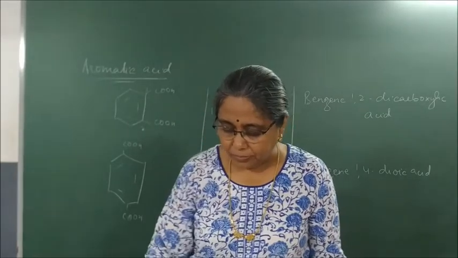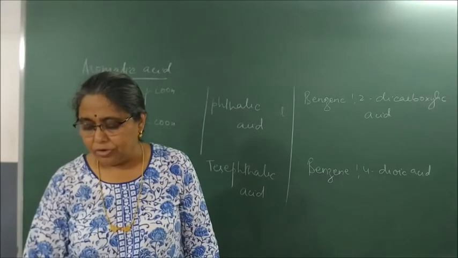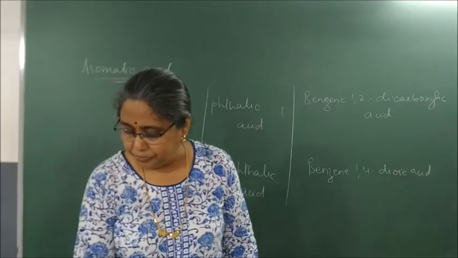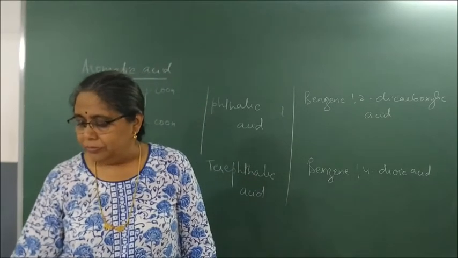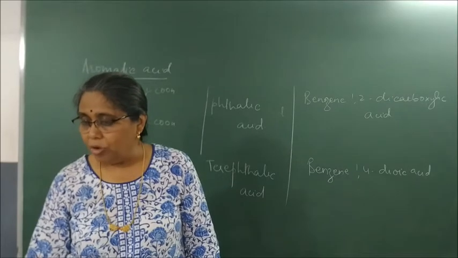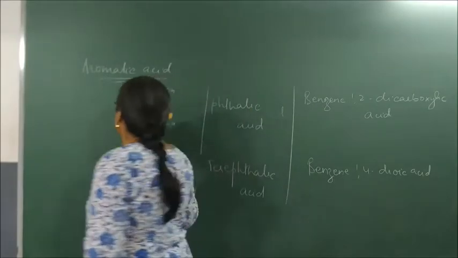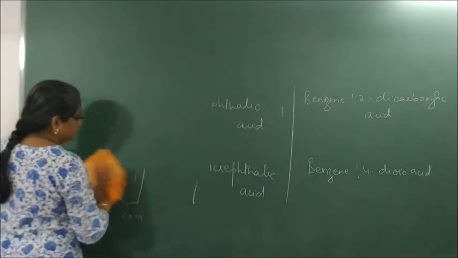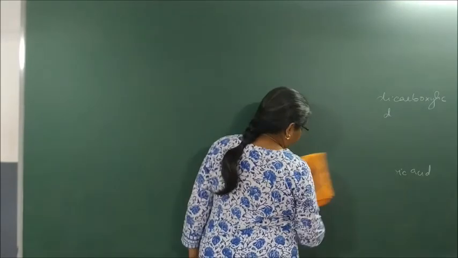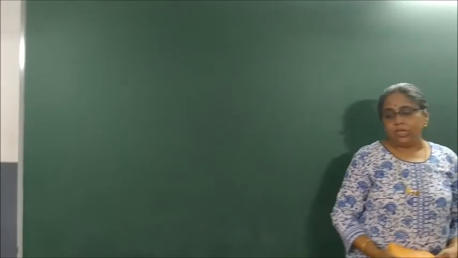Now please write structure of carboxylic group. The carboxylic group is basically what group? COOH group.